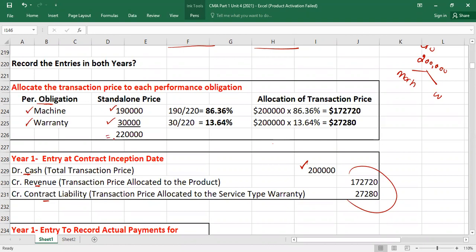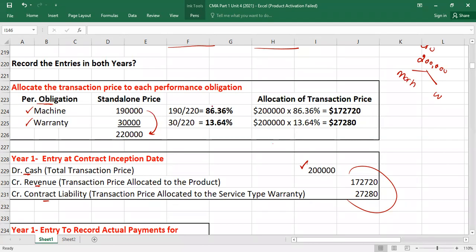220,000. Right? So what you will do? Just convert this data into percentages. I will take 190,000 divided by 220,000, the market value of the machine divided by the total market value, times 100.